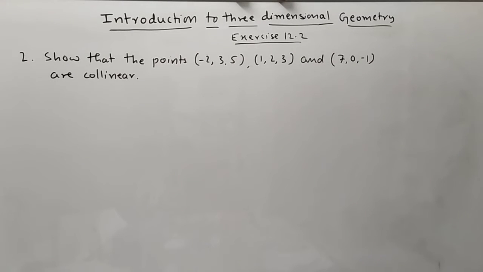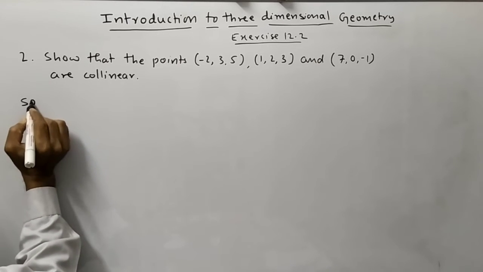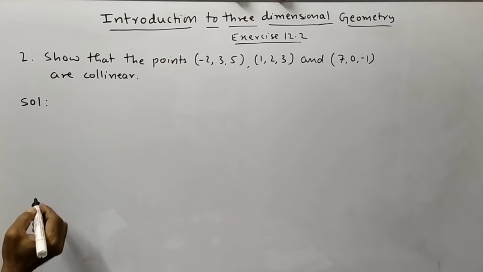Next question. Show that the points with coordinates -2, 3, 5, 1, 2, 3 and 7, 0, -1 are collinear. Solution.